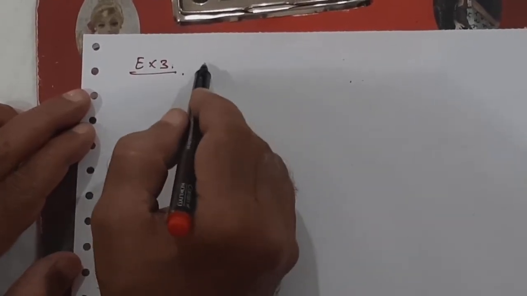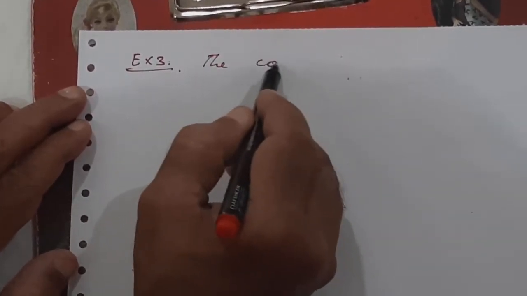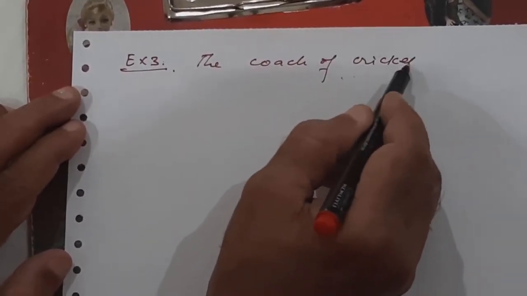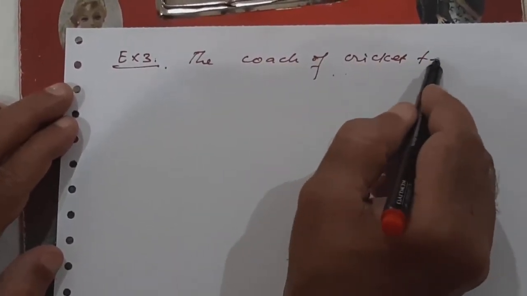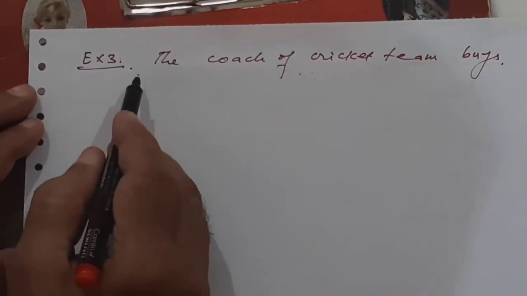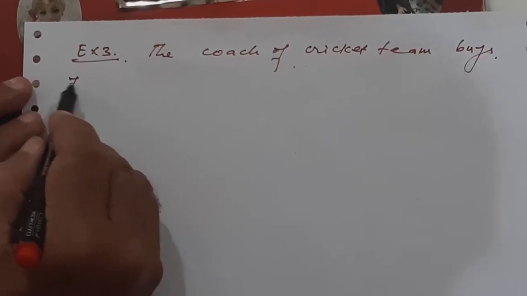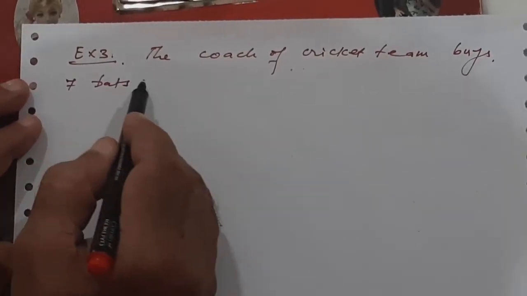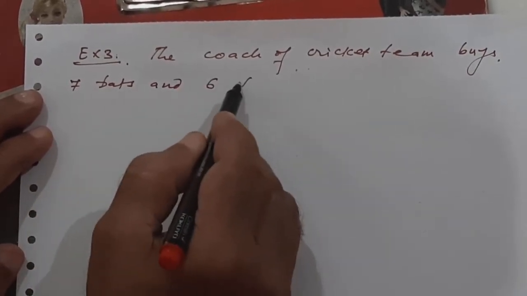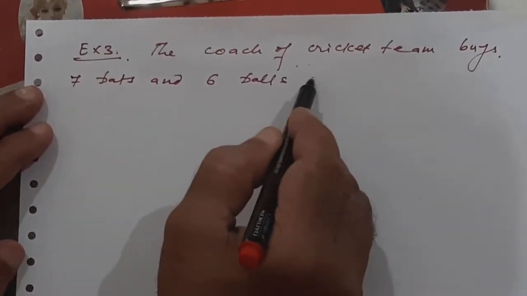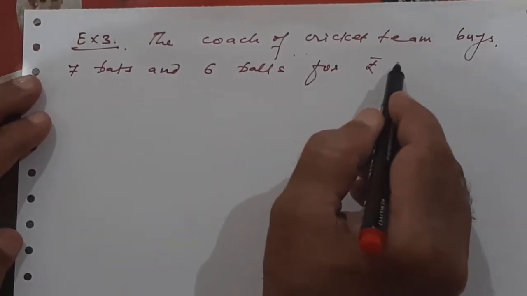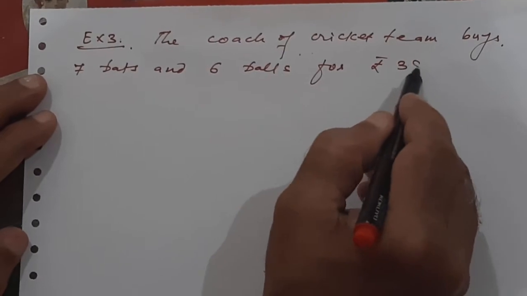The coach of a cricket team buys 7 bats and 6 balls for rupees 3,800.